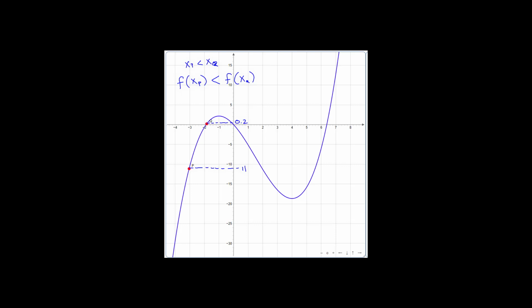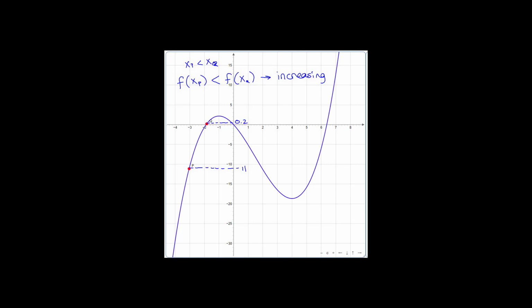And if f of xp is less than f of xq, then the rule said that this was increasing on that interval. So we're increasing on that interval, as shown through the definition.